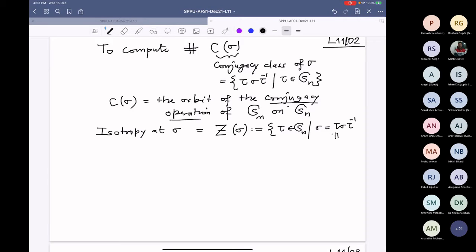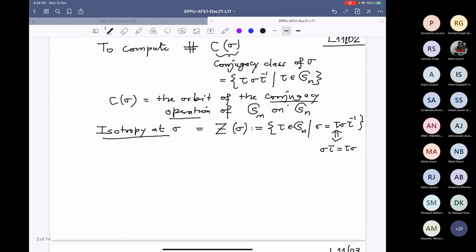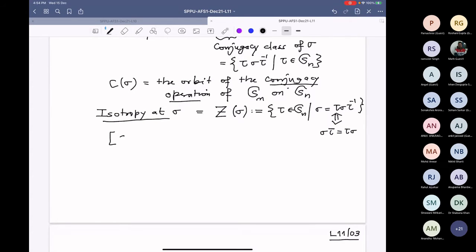So this is equivalent to saying sigma commutes with those taus which commute with sigma. That is the isotropy group at sigma. And we know the index of the isotropy group is equal to the cardinality of the orbit. This we know.